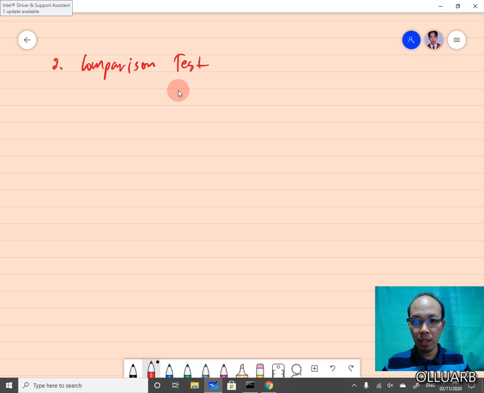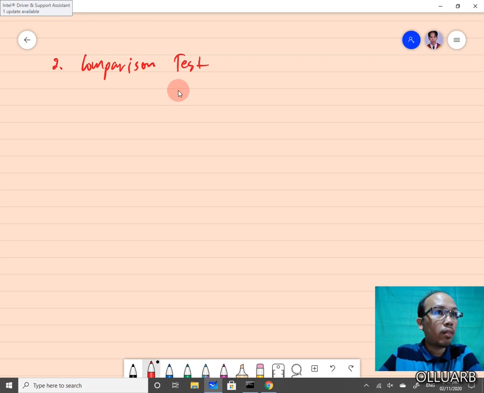Much of this will depend on how the comparison test is used. Remember that in the comparison test, the b sub n that you are going to compare to the given series will depend on how to estimate the given series. So please remember that.